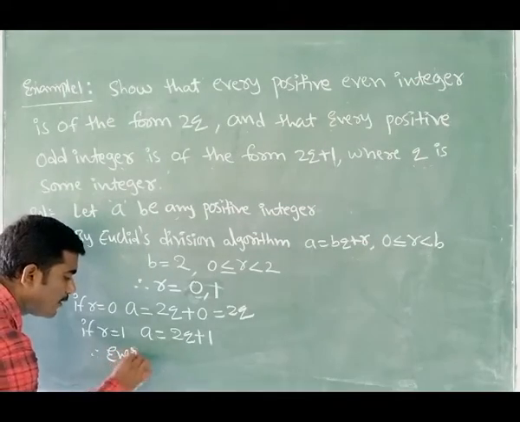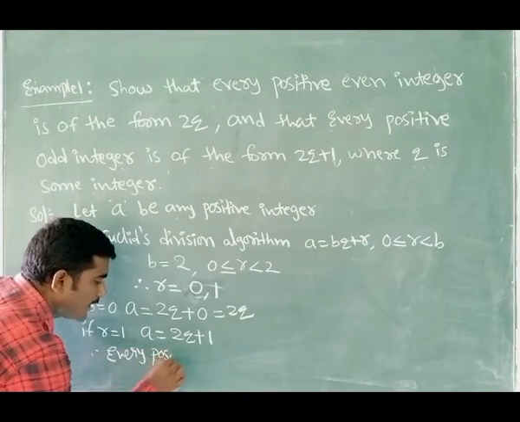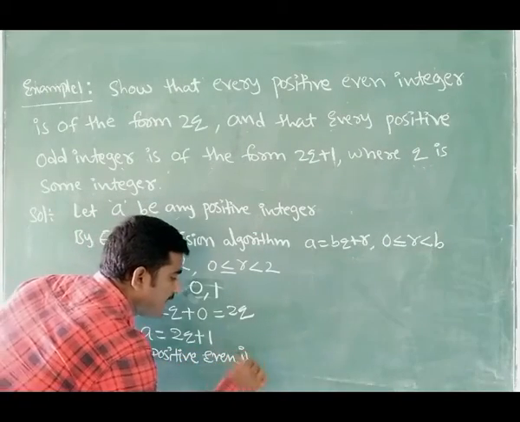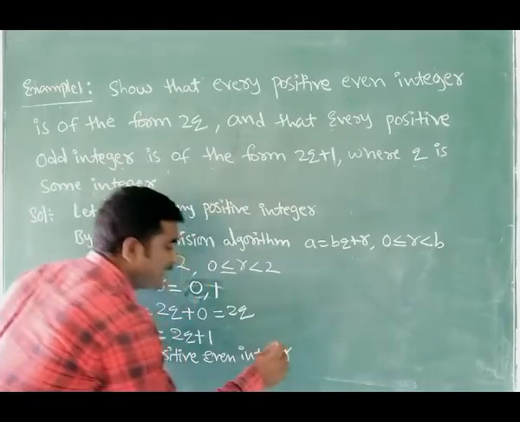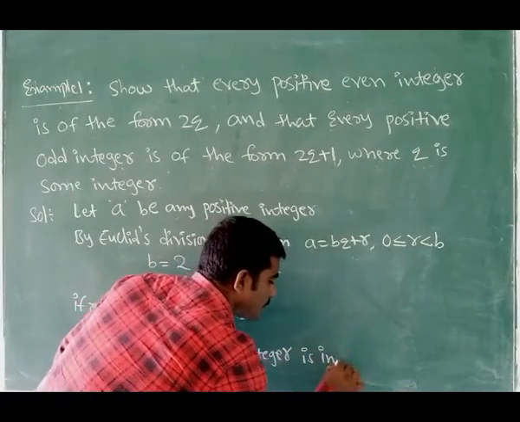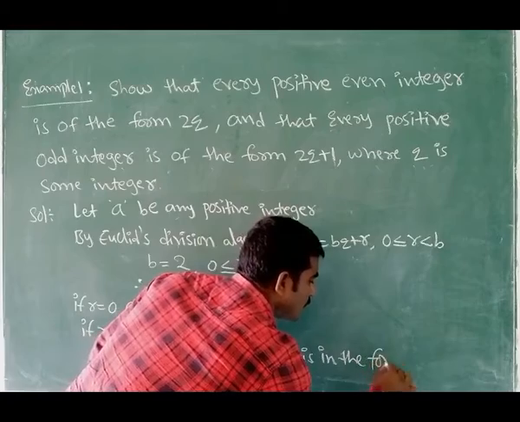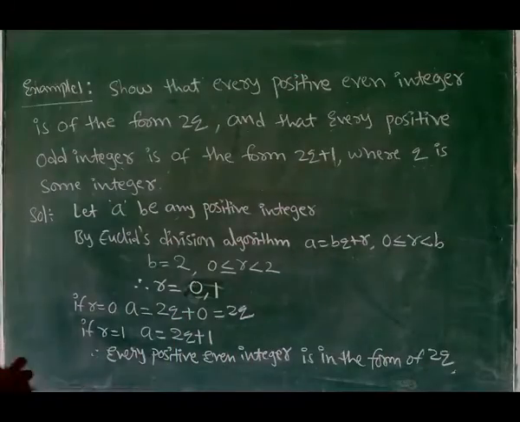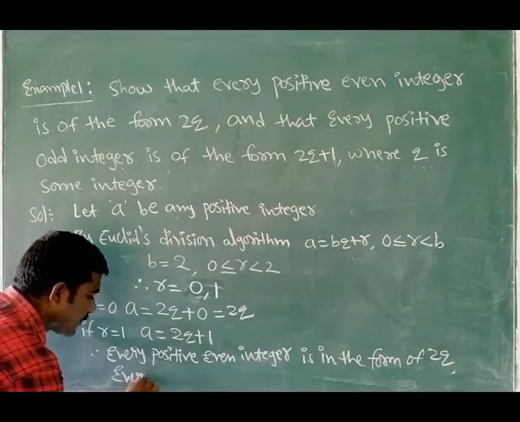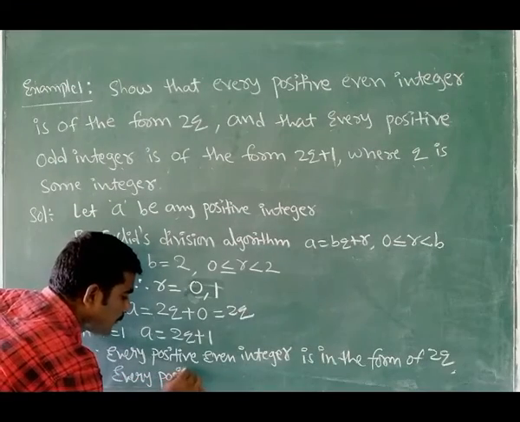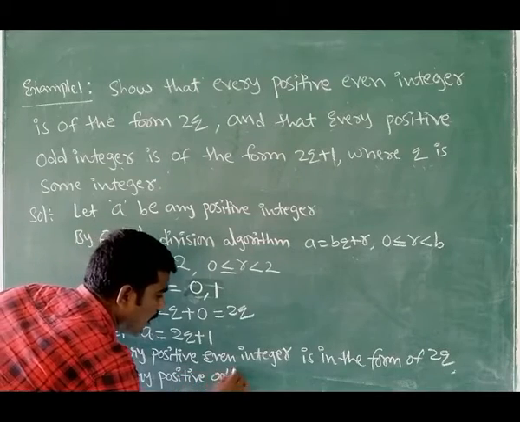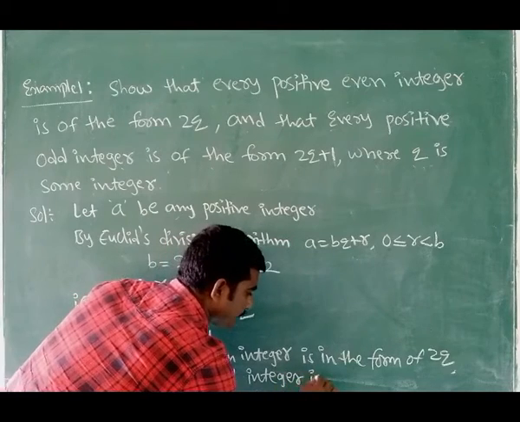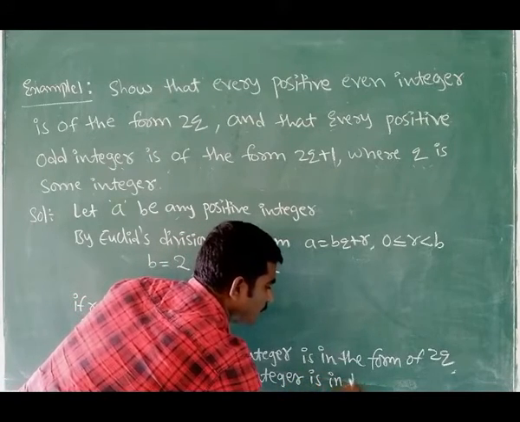Therefore, every positive even integer is in the form of 2q and every positive odd integer is in the form of 2q plus 1.